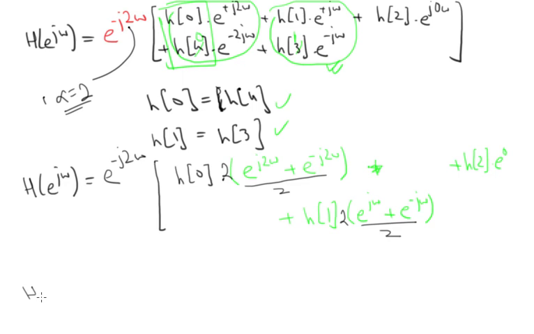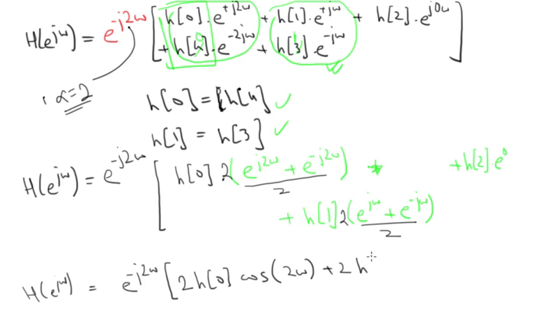Your expression will become equal to e raised to power minus j2 omega into 2 h naught cos of 2 omega plus 2 h of 1 cos of omega plus h2.